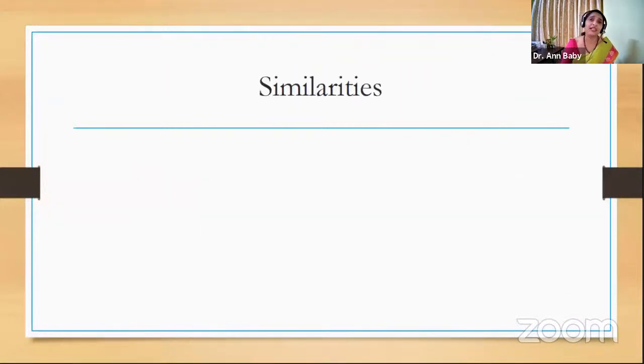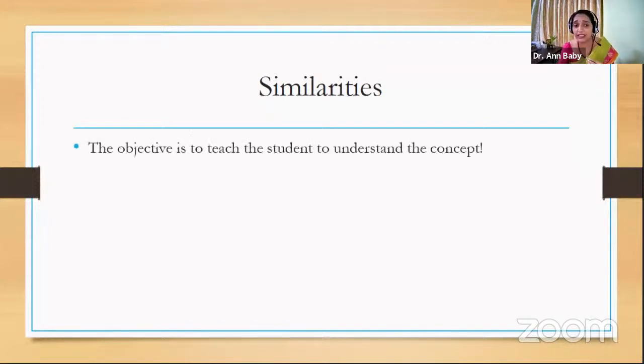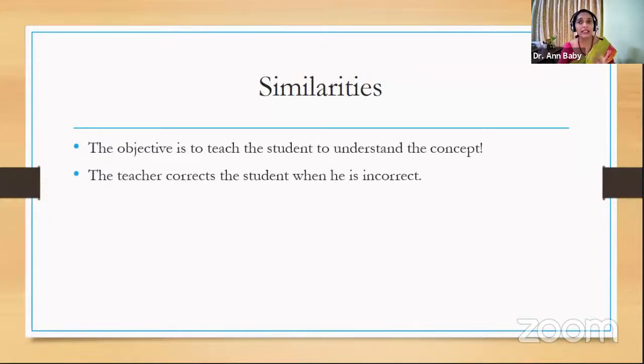Now, even though we talked about a lot of differences between teacher-centered and learner-centered teaching, there still exist similarities. The objective of both is to teach the student, and the student should understand the concept. And of course, when the student goes wrong, the teacher should be correcting him.